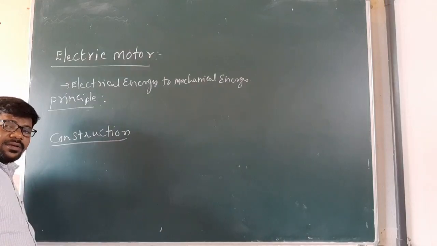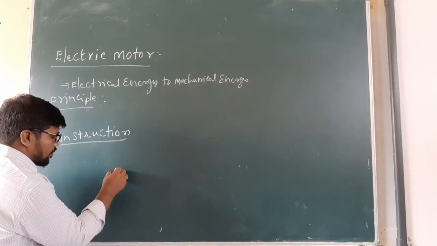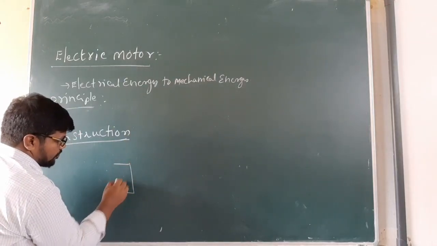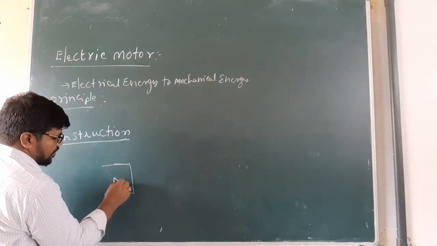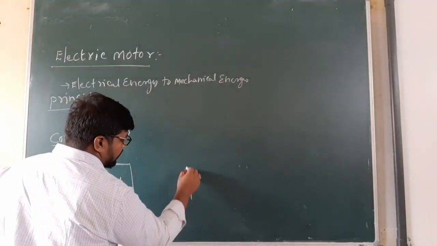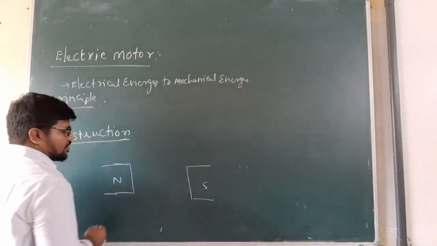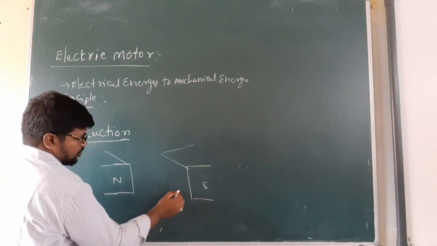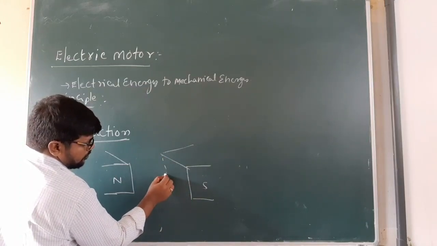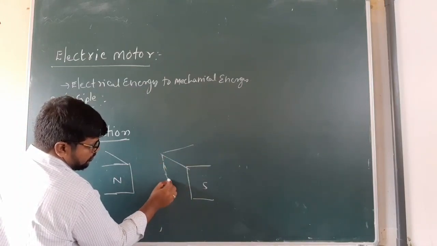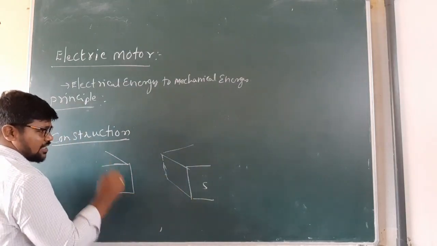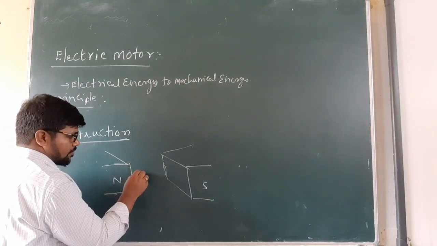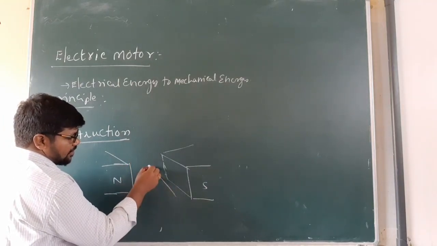See here, to construct an electric motor we need magnets, a north pole and a south pole. Between the north pole and south pole, we have to take one rectangular coil.